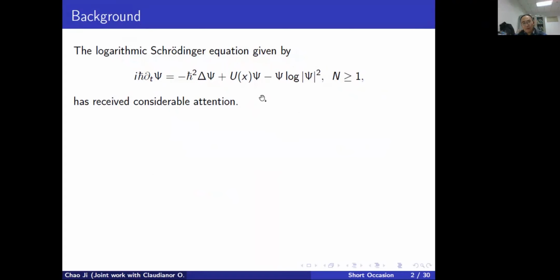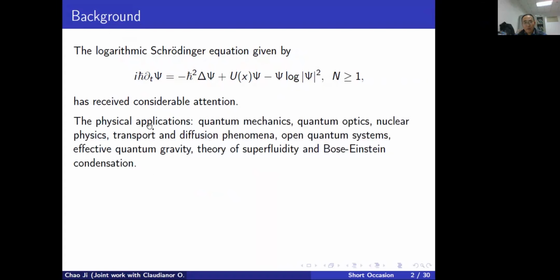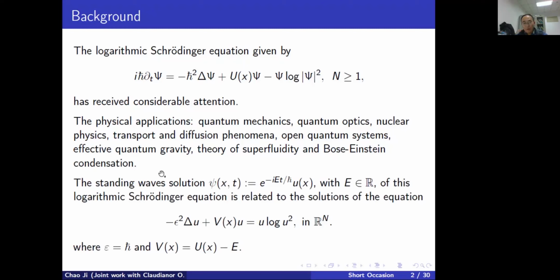This equation appears in a lot of physical applications, for example, quantum mechanics, quantum optics, and Bose-Einstein condensation. My research interest is looking for the standing wave solution, like this kind of solution.